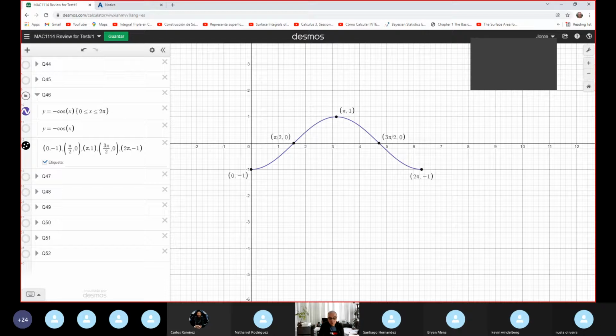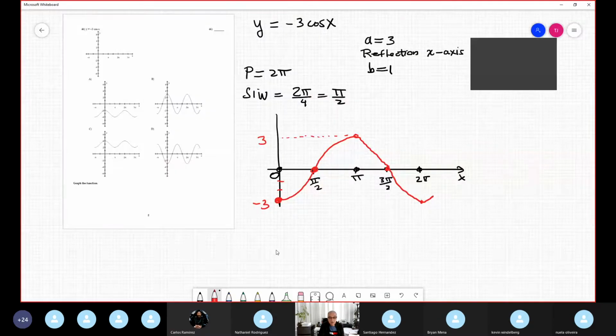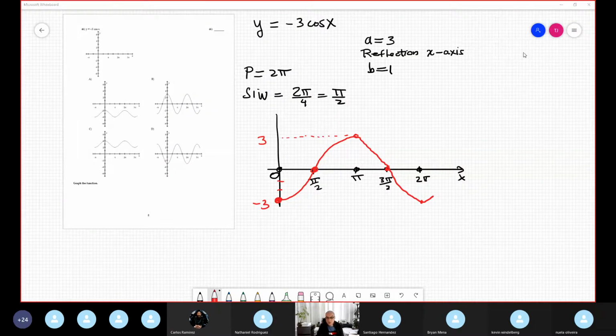You have reflection when you put a negative sign, no? But you have two possibilities to put the negative sign. In the function notation, for example, you put any function, and you put a negative here. This is a reflection about the x-axis. So my original cosine, I know, looks like that.